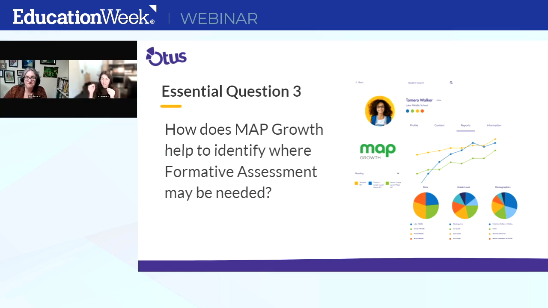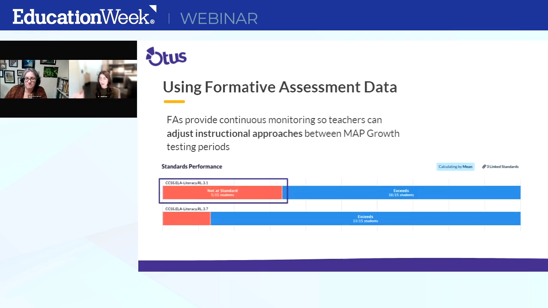So MAP growth provides us that periodic snapshot of student growth. Formative assessments give us that continuous progress monitoring data. What I'm getting out of this is that we have to use both. It's just that simple. We cannot rely solely on MAP growth. We have to give formative assessments to really see what's going on between those testing periods.